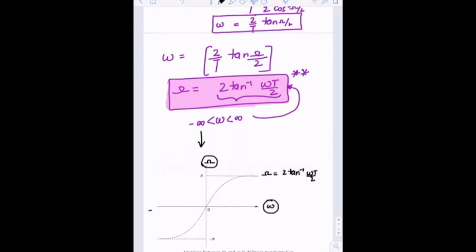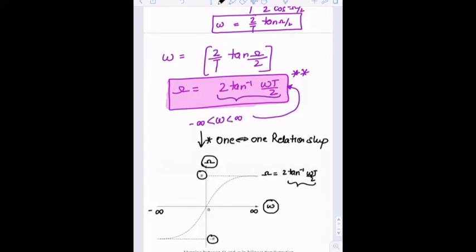The continuous frequency is varying from minus infinity to infinity, and the tan inverse function will vary from minus pi to pi. We can see that this is a one-to-one relationship.